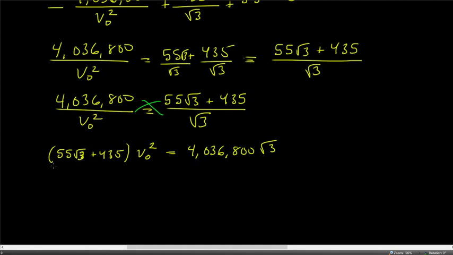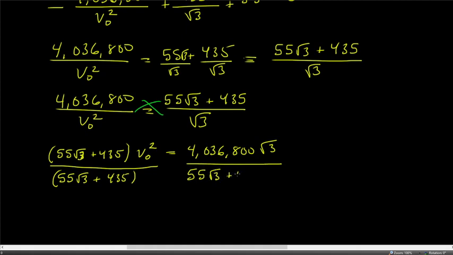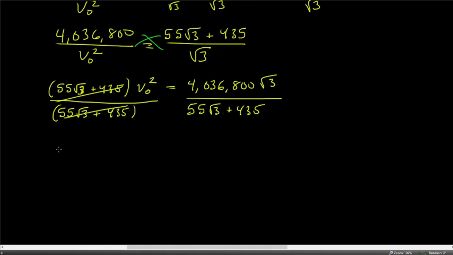Okay, so now just divide by everything that's not V0. That's the 55 root 3 plus 435. Right, so these cancel, and that's not V0, but the square of it. So we'll just take the square root of all of that.